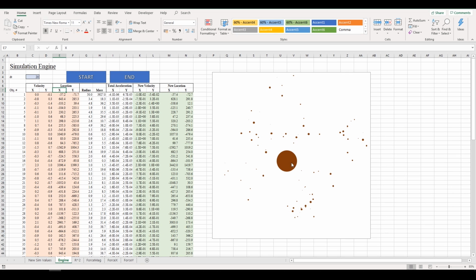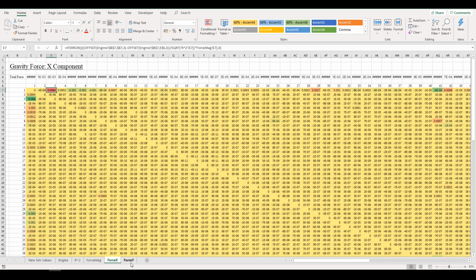Say this guy and this guy, the two x locations are there, and the two y locations, the distance there. So most of the force should be in an upwards direction for this body, and some should be in the horizontal direction, or to the right. And that's all that these formulas do.